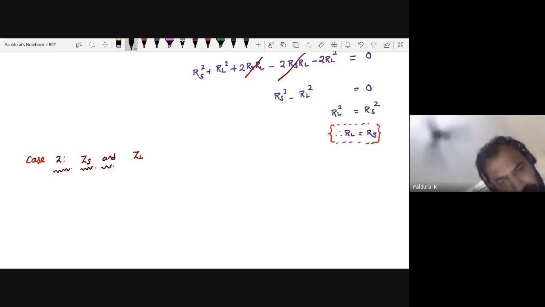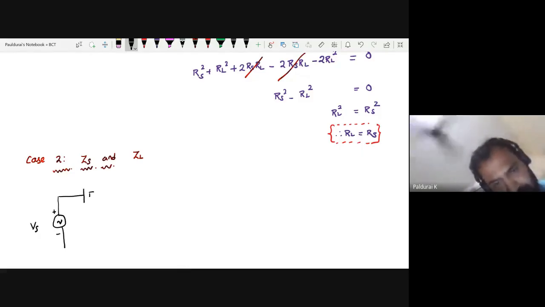You connect your AC, this is your VS or VTH, and this is my source impedance ZS, RS plus JXS, and the load ZL, RL plus J into XL.